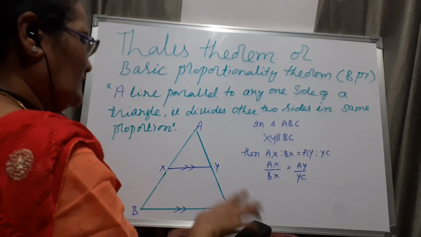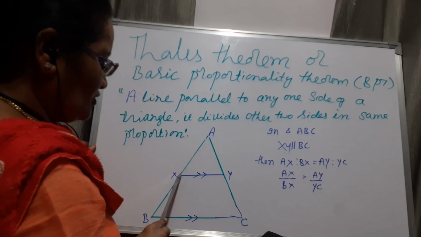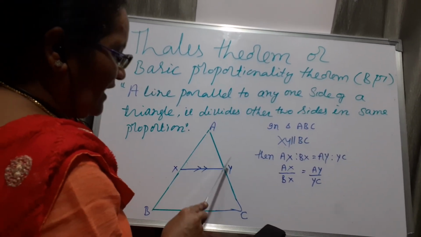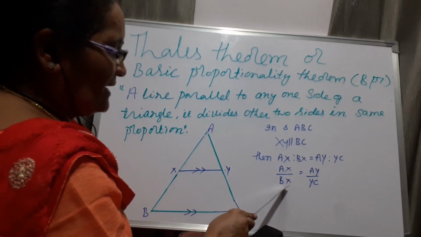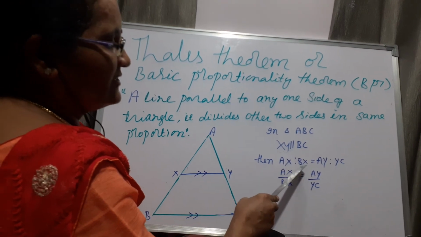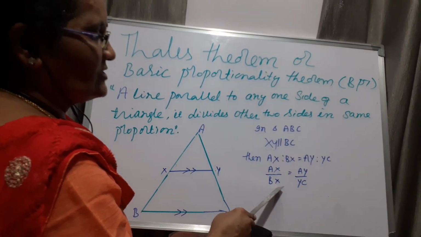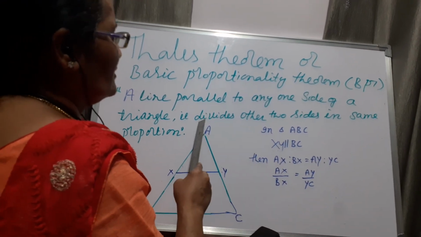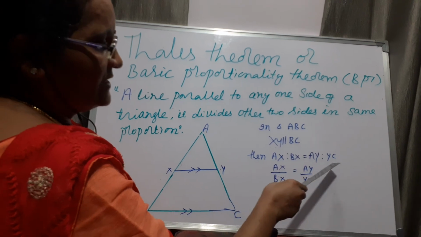Then AX by BX is equal to AY by YC. I have written it in the form of a ratio. No need of writing it like that; you can write it directly like this only. But I said it divides the other two sides in the same proportion. Therefore, I have written it like this.